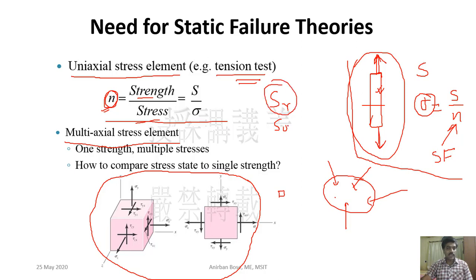This data we get from the tensile test, which is a very simple uniaxial stress element. So how are these two related, so that we can efficiently predict even with this complex kind of loading on a component?